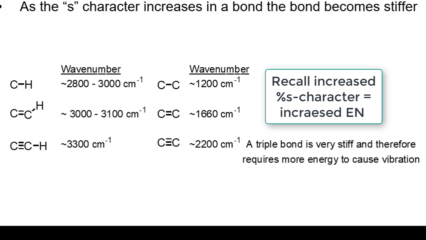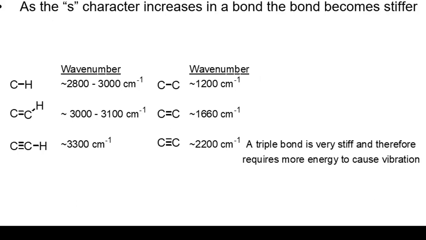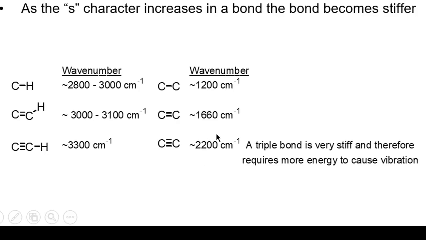Those two carbons are closer together, which makes that bond tighter, shorter, and much more difficult to stretch. You can look at the difference in the wave numbers for the carbon-carbon bond. You go from 1200 to 1600 to 2200, and that means the bond becomes more stiff, more difficult to stretch, and so it takes a lot more energy.